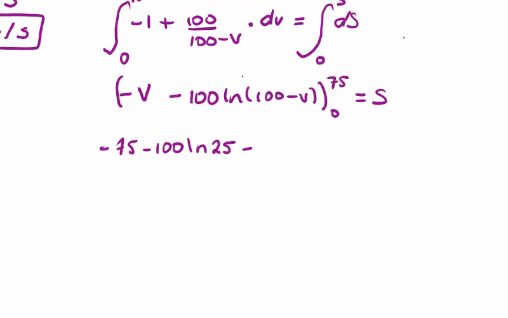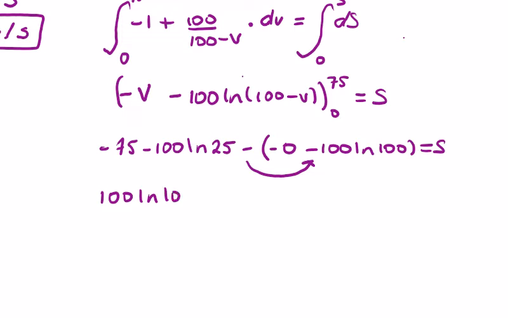Then minus, they're all going to be minuses now, minus 0, and then minus 100 by the natural log of 100, putting 0 in for v, will be equal to s. So we're going to get plus 100 times the natural log of 100, minus 100 natural log 25 minus 75 is equal to s.